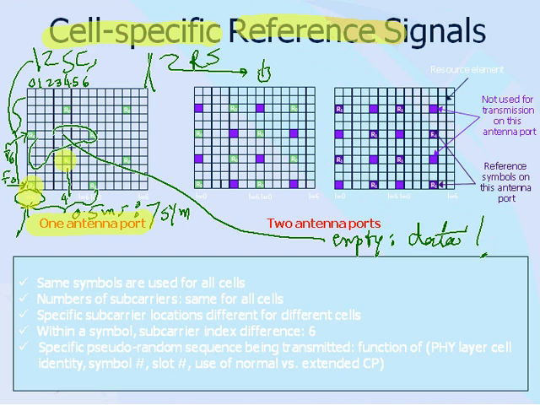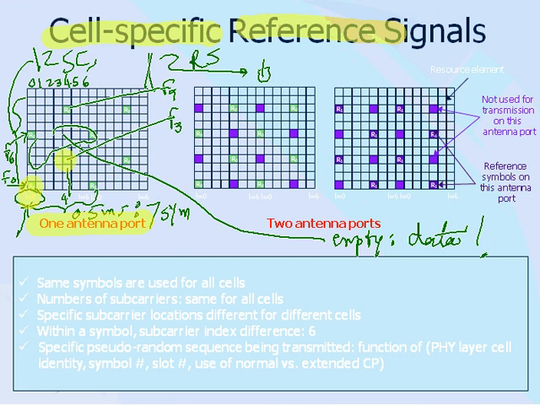Similarly, during symbol number 4, some other subcarriers will carry the reference signal here and here. If you are interested in the numbers, this would be subcarrier number 3 and this would be subcarrier number 9. As you can see, we are trying to minimize overhead, and the UE will know exactly during which symbols and on which subcarriers we will find our references.